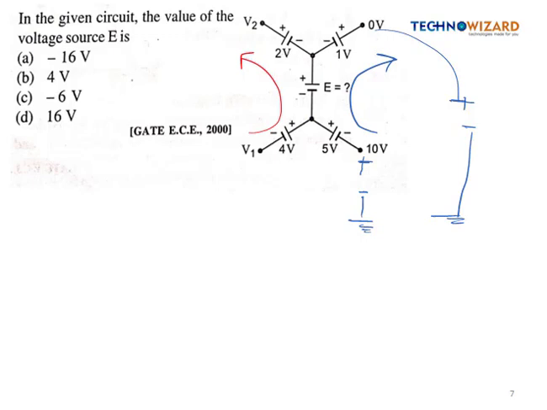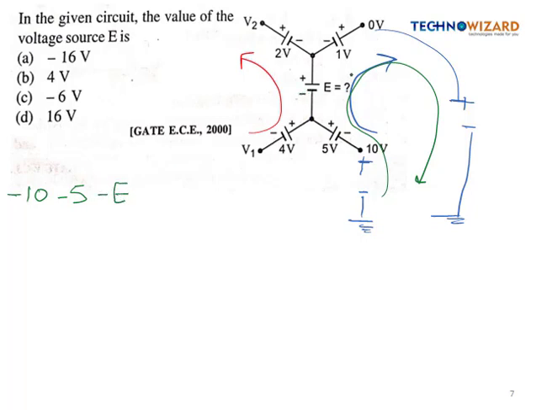So we have to apply the KVL in this loop, right. So we will write the KVL equation. We will start from here. The first sign that we are encountering is minus, so it will be minus 10. Next is minus 5, right, minus 5 volts. Next we are coming to minus E, which we have to find out.